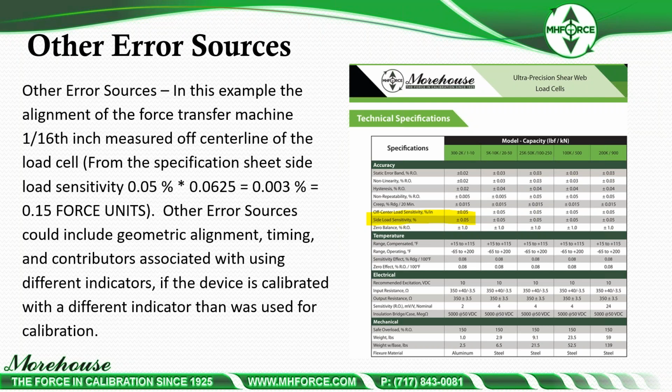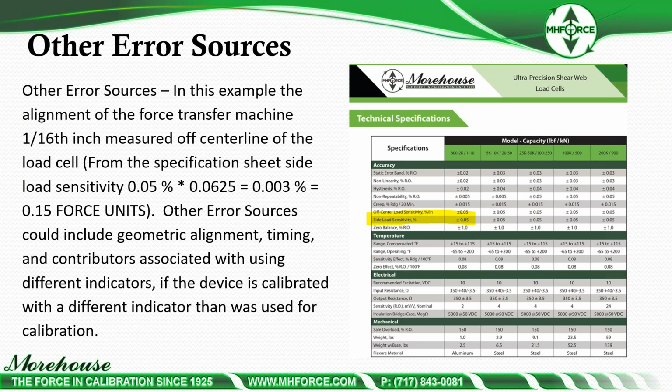From the specification sheet side, load cell sensitivity is 0.05%. I multiply that by the 1/16th of an inch. We get about 0.003. And then we're going to multiply that times the 200, so we get about 0.15 force units. Other error sources could include geometric alignment, timing, and contributors associated with using different indicators.